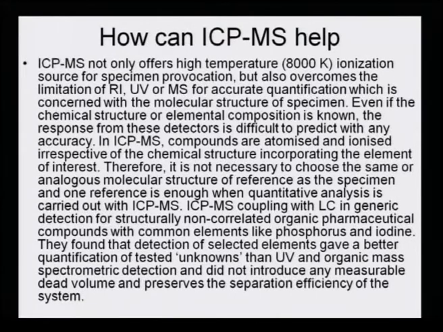However, if an LC is attached to ICP-MS, that is the best configuration. Why? Because the LC does the separation and then it is introduced and all the element detailing can be carried out. Even when inorganic compounds are present, they can be analyzed on the ICP-MS, such as phosphorus and iodine, which are coupled sometimes with the organic pharmaceutical compounds.